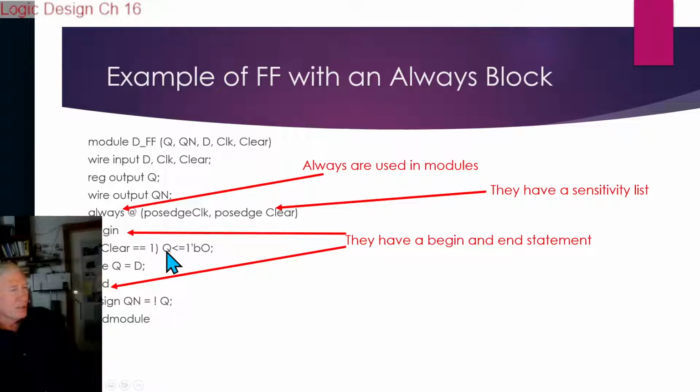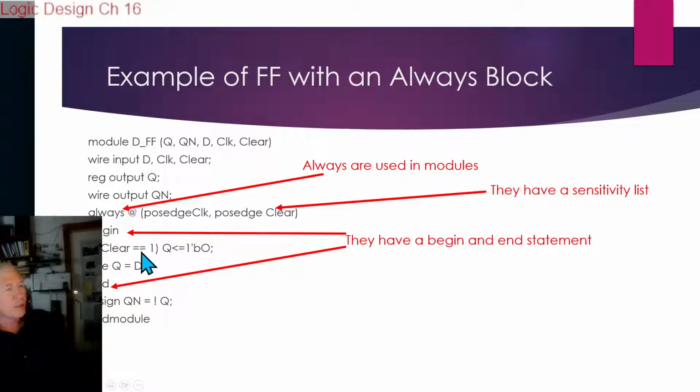Okay, so we have if clear equals 1, set Q to 0. All right, and remember how we did the constants. 1 tick, our base binary, and then our digit 0 in this case.